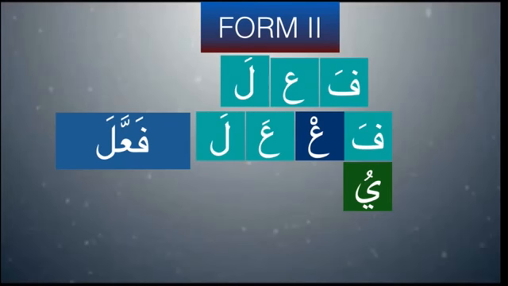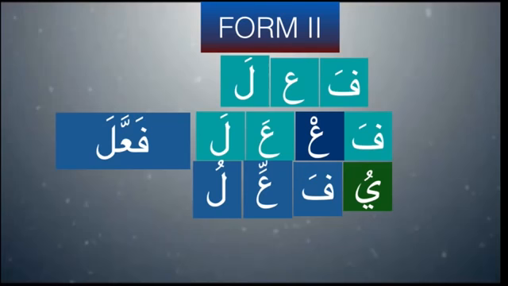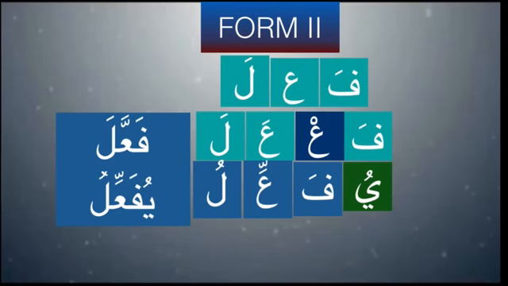The mudari' begins with dhamma and is yufa''ilu, so the ain kalima gets a kasra and the lam kalima has a dhamma in the marfu form. It will be mansub and majzoom appropriately.